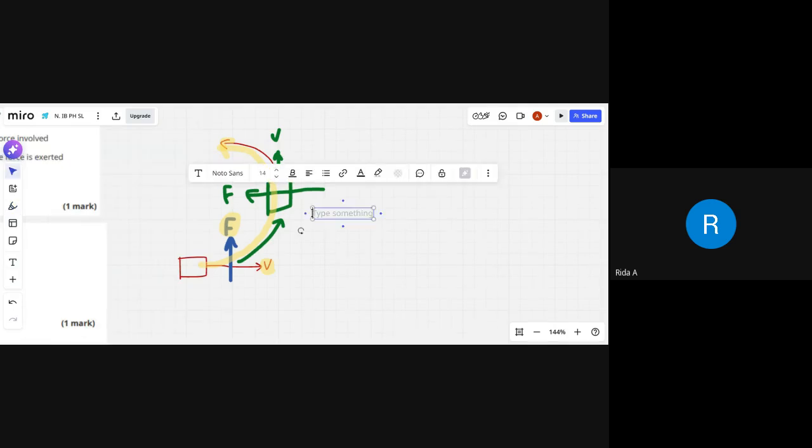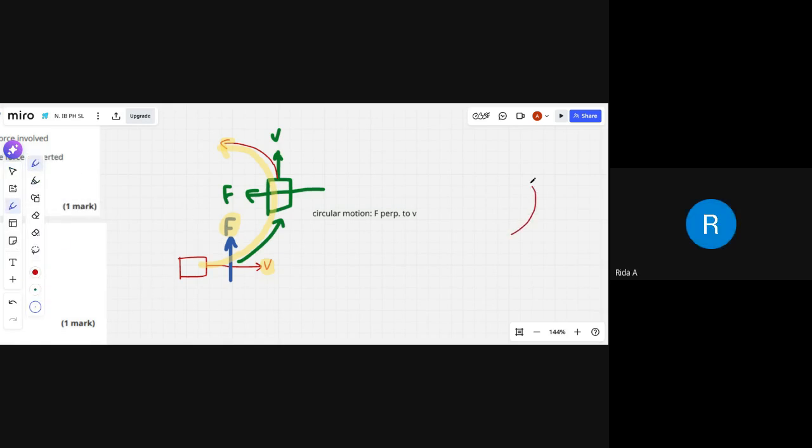So the condition for circular motion is force perpendicular to velocity. So whenever you have force perpendicular to the velocity vector, you will observe circular motion. Okay. Now, whenever an object is moving in a circle, let's say this is your circular pathway, the resultant force is always towards the center of the circle, okay?